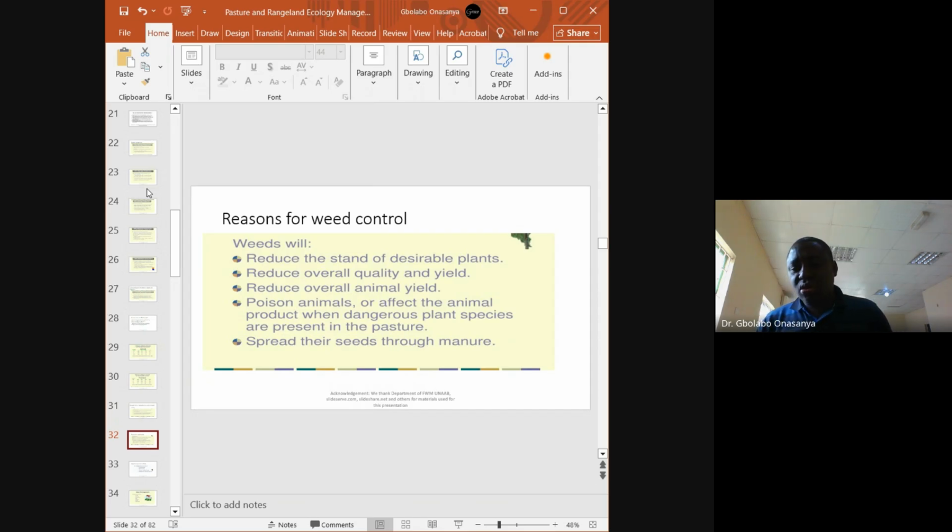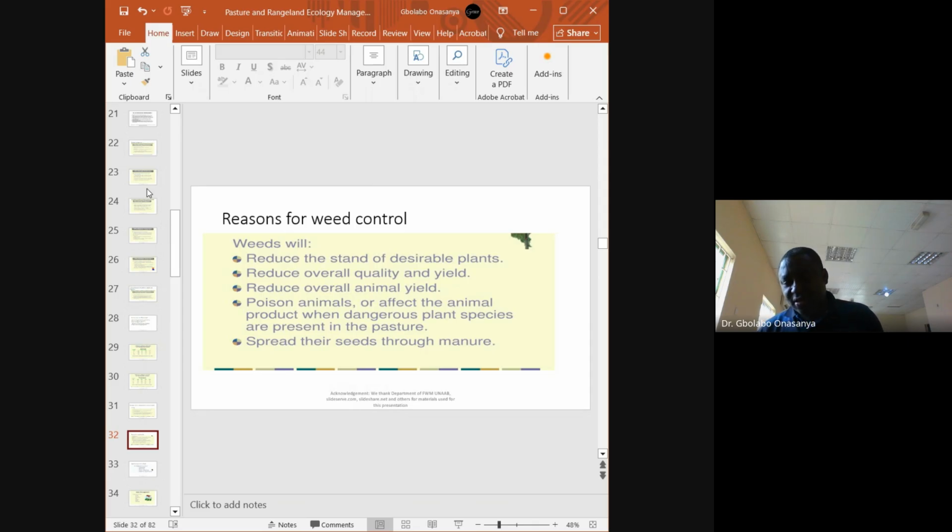Weed control: we remove weeds in our pasture land. Grasses can become weeds because they are growing in an unwanted place. For instance, in my pasture land, I have grasses and legumes only.